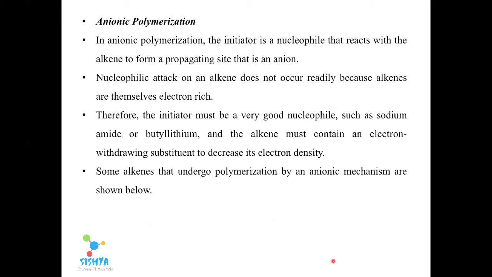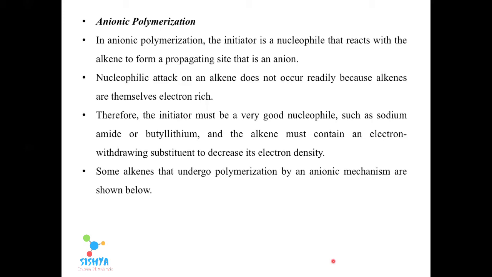In anionic polymerization, the initiator is a nucleophile that reacts with the alkene to form a propagating site that is an anion. Nucleophilic attack on an alkene does not occur readily. Just listen carefully.